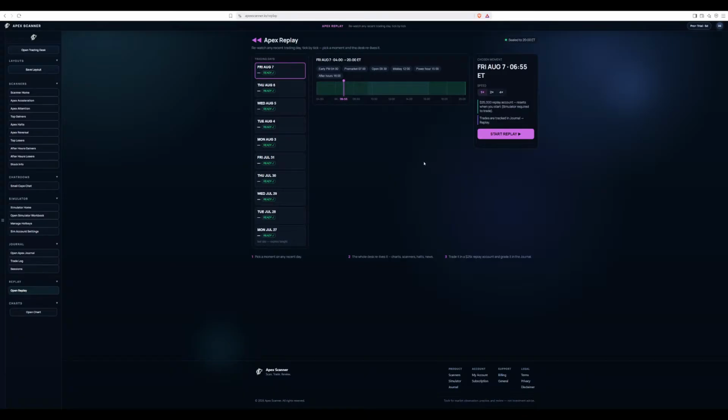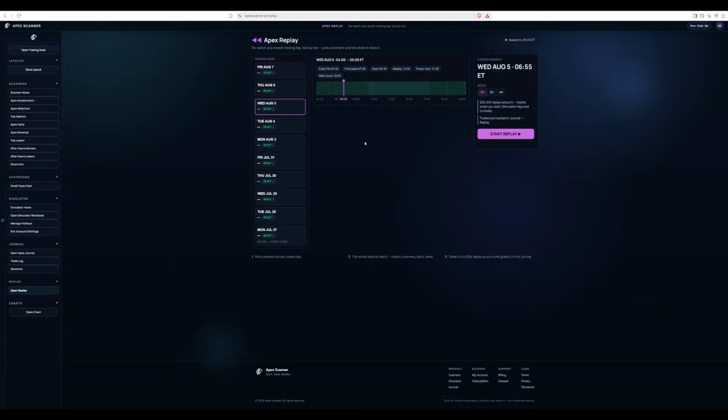But what if you're working a full-time job and you need to leave early, and you don't really get to catch the full market hours on the weekdays to train, but you're interested in small cap trading? The Apex Replay is a tool specifically for those people. It is also for people who have traded in the morning, made some mistakes, had some losses, and want to relive and see what mistakes they made, and whether they made the same mistakes again.